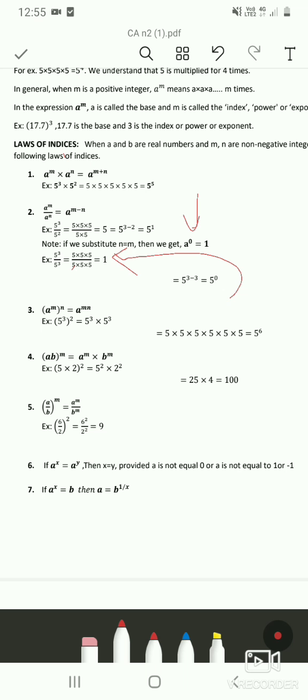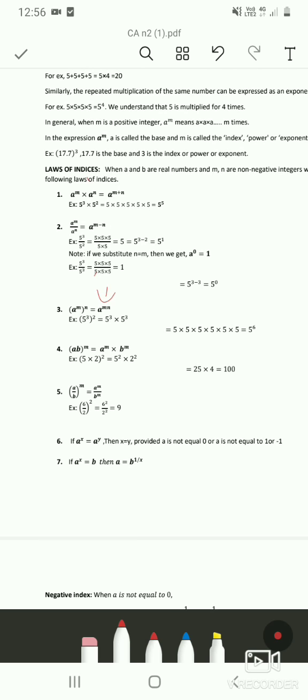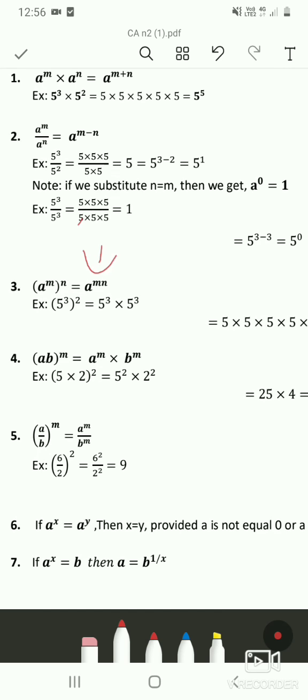So now let's move to the next law, that is the third law. A power m whole power n can be written as a power mn. So again you consider an example. 5 cube to the whole power 2 can be written, in the usual way, as 5 cube into 5 cube.